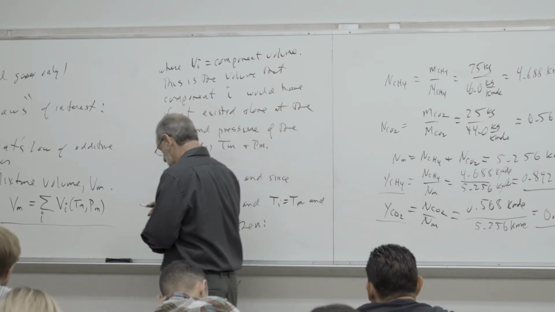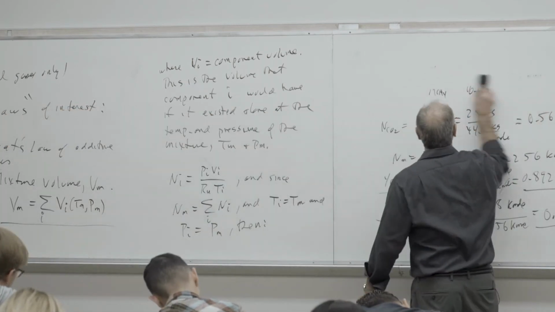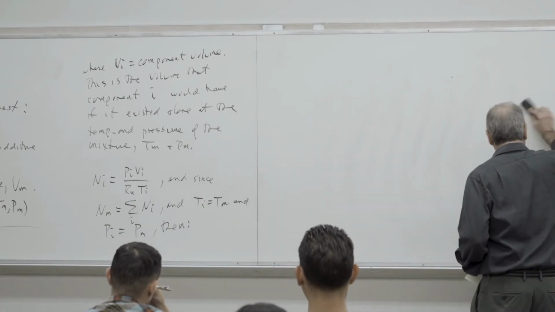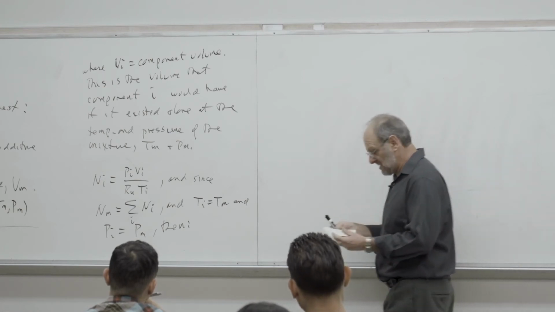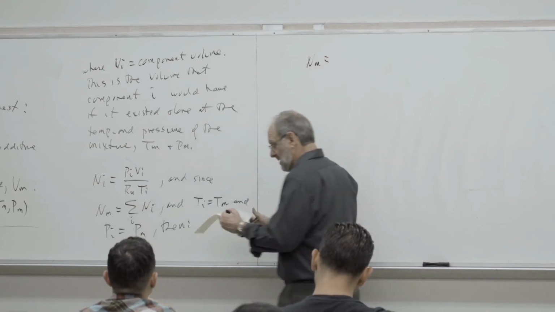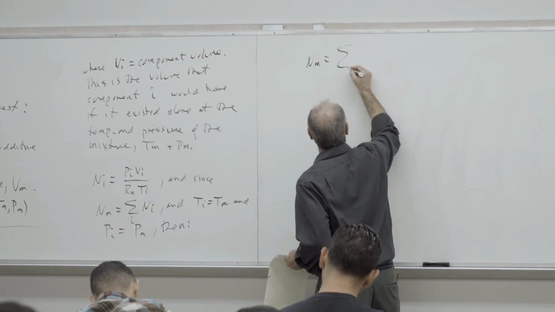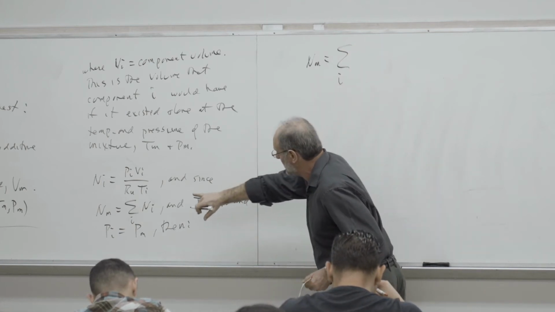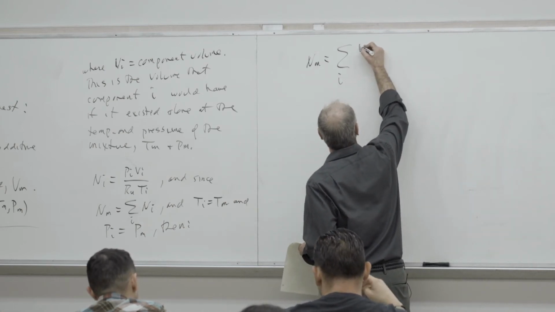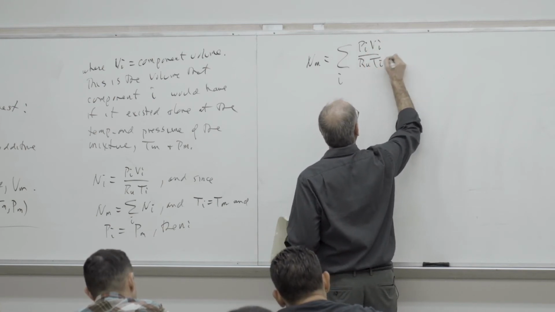Then what can we find? I'm just going to plug some information into my ideal gas equation. So what would be the number of moles of the mixture? Well, again, we're going to sum over all components i, but Ni is PV over R universal Ti. So I'll write it as Pi Vi over R universal Ti.